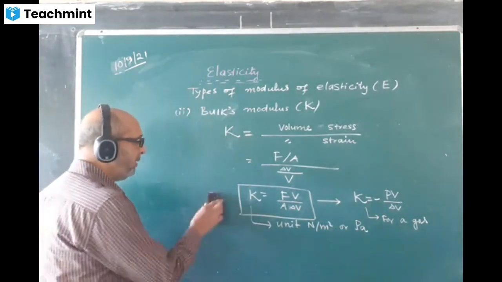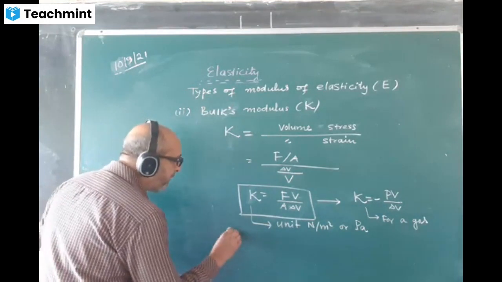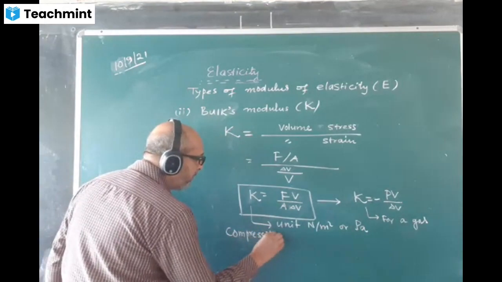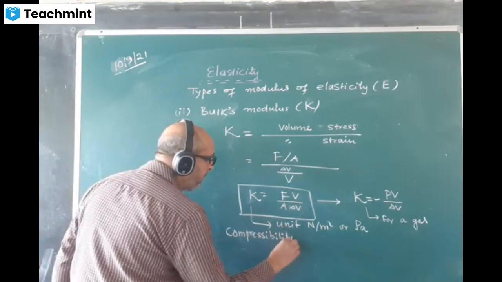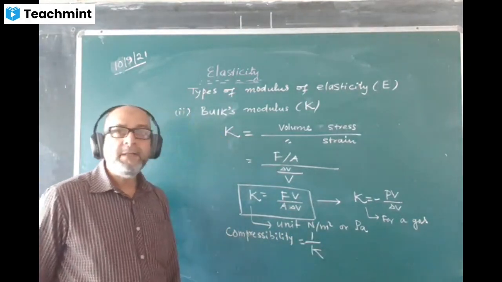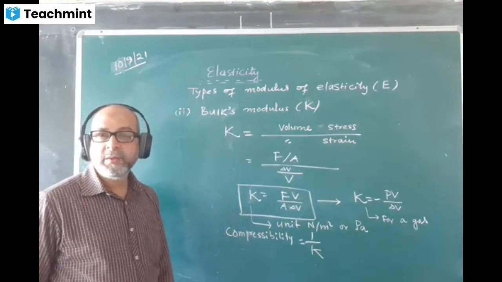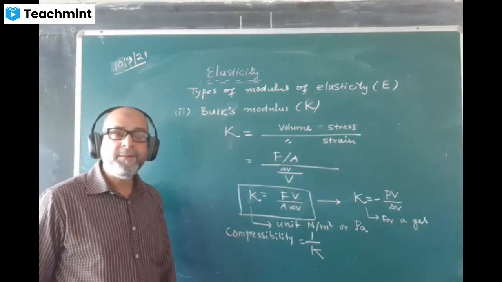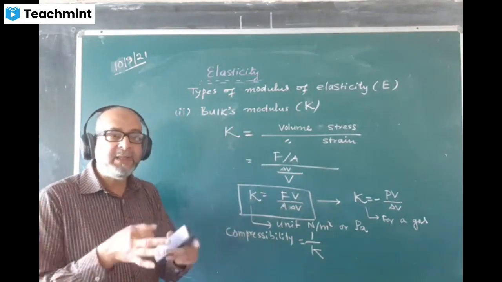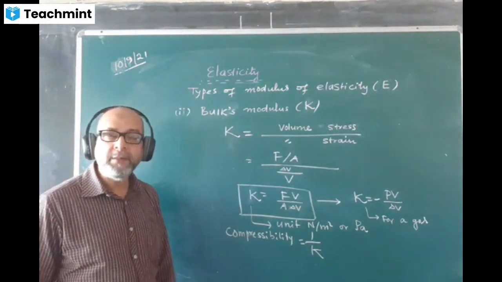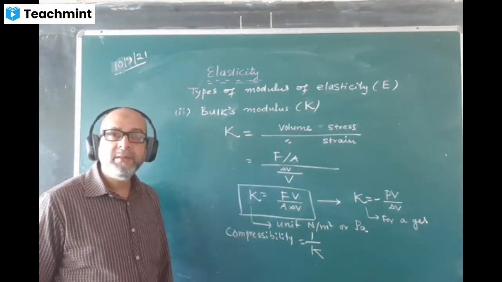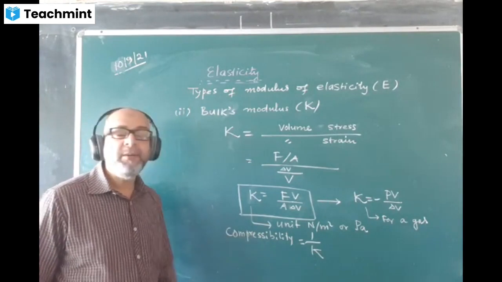Clear. Okay, thank you. More formula, write down here: compressibility is equal to 1 by K. Compressibility is reciprocal of bulk modulus. Just get this formula. Compressibility: how compressible a substance is, or a gas is, or a liquid is. The value of K is less for gas, so compressibility will be more.